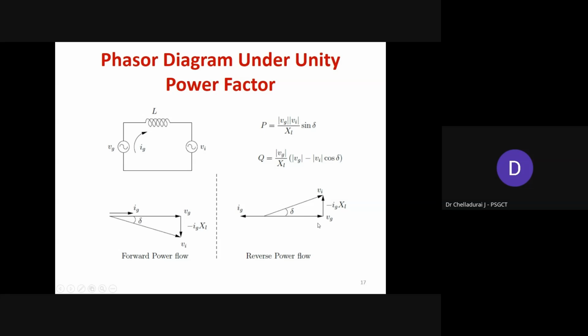If you want to reverse the same power flow, the voltage VI phase angle leads with respect to VG. By using an inverter, we can easily control the output voltage magnitude and output frequency magnitude. And if required, we can control the output voltage phase angle.